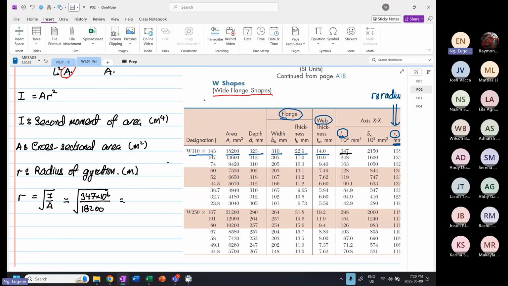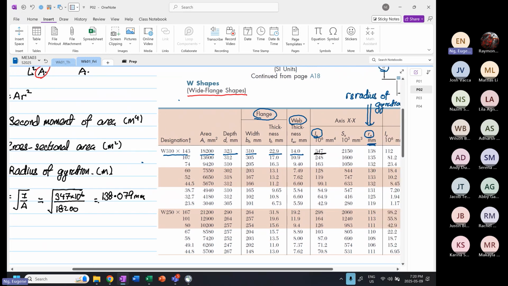When you calculate this, 347 times 10 to the power 6 divided by 18200, square root the whole thing, you get 138.079 millimeters. So what we have, they round it off to 138 millimeters. That is how they compute the radius of gyration.